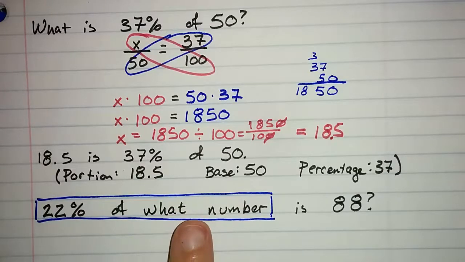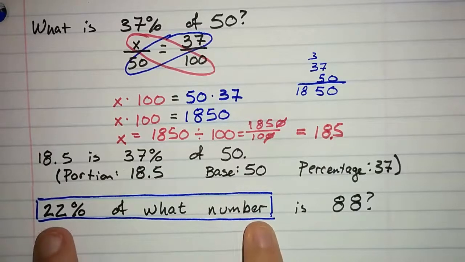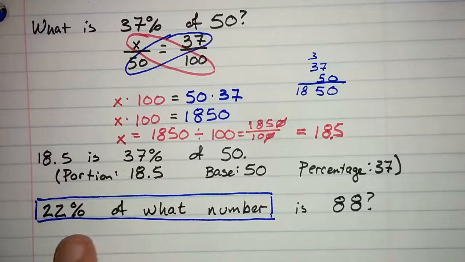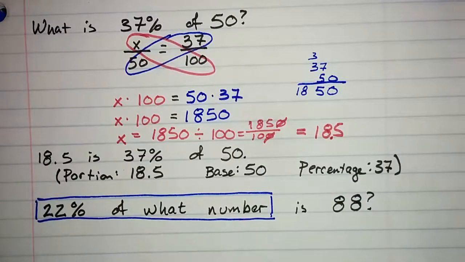Well, we don't know. The number is some unknown thing. But this phrase describes the portion. And the question is, what number do I need to make the portion be 88? This "percent of" tells us we're introducing the base. And in this case, the base is what we want to find out.